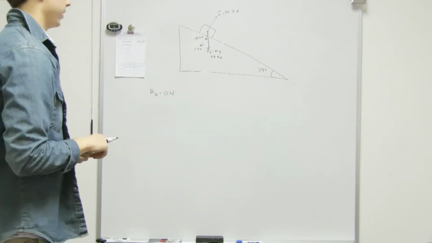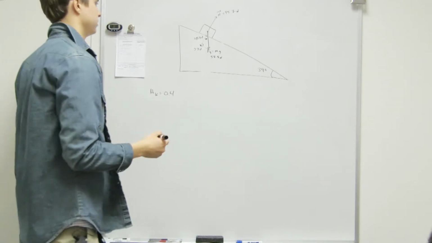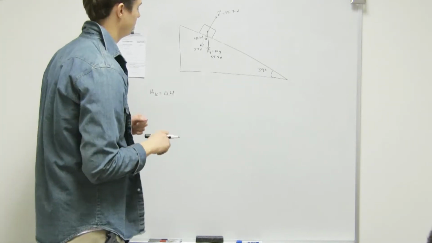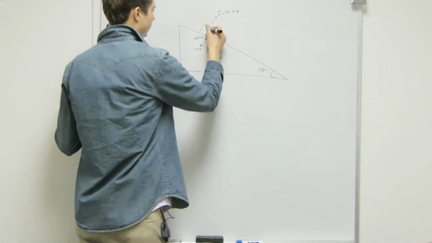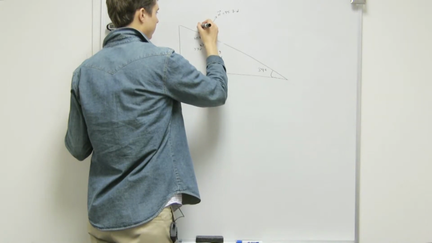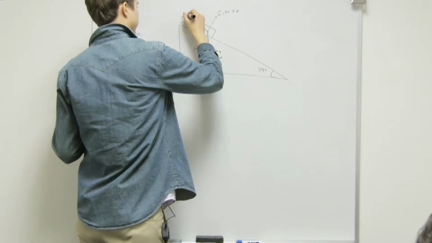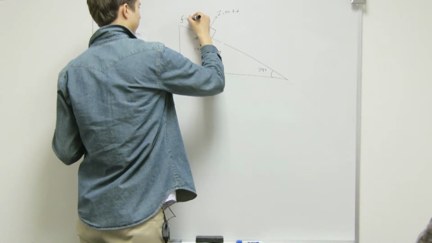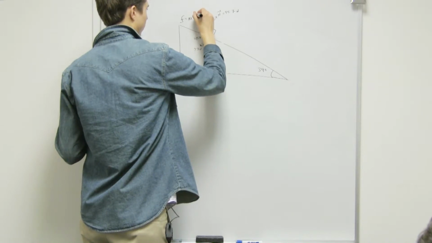The last force that we haven't added is what? Friction. So which way is friction going to point? Up the ramp or down the ramp? Up the ramp. Good. The box is sliding down. Friction wants to oppose that, so it'll push up. We know that friction is equal to whatever our coefficient is. In this case, it's 0.4 times whatever our normal force is.